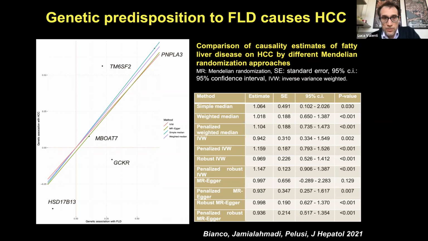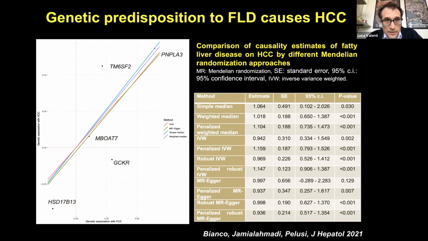But what's also important is that a similar relationship can be drawn for the risk of progression to hepatocellular carcinoma. Again, here you can see on the x-axis the impact of the main genetic risk variants for fatty liver disease on hepatic fat accumulation, while on the y-axis the impact on the risk of hepatocellular carcinoma in a large collaborative European cohort.